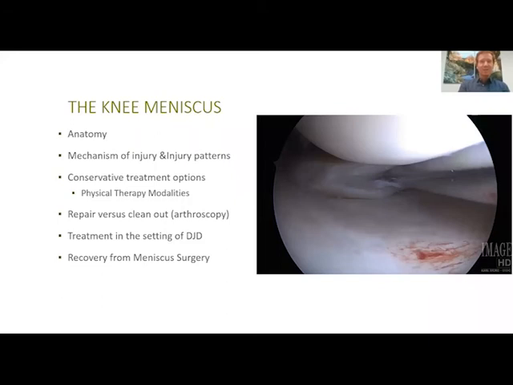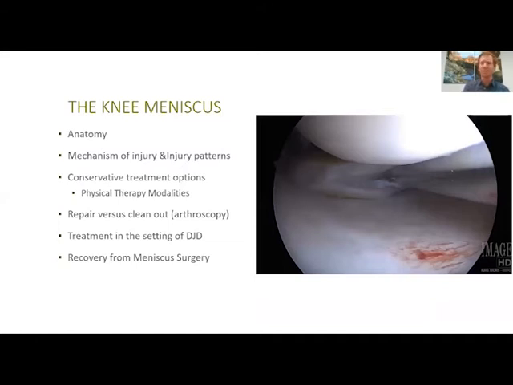We are going to look this evening at the knee meniscus and go over how it affects your life and maybe some of the problems that you're having right now. I will look at the anatomy and possible ways of injury, along with treatment options, including physical therapy and others, and then potential repair options and surgical treatment, along with treatment in the setting of wear and tear, which is very, very common these days.